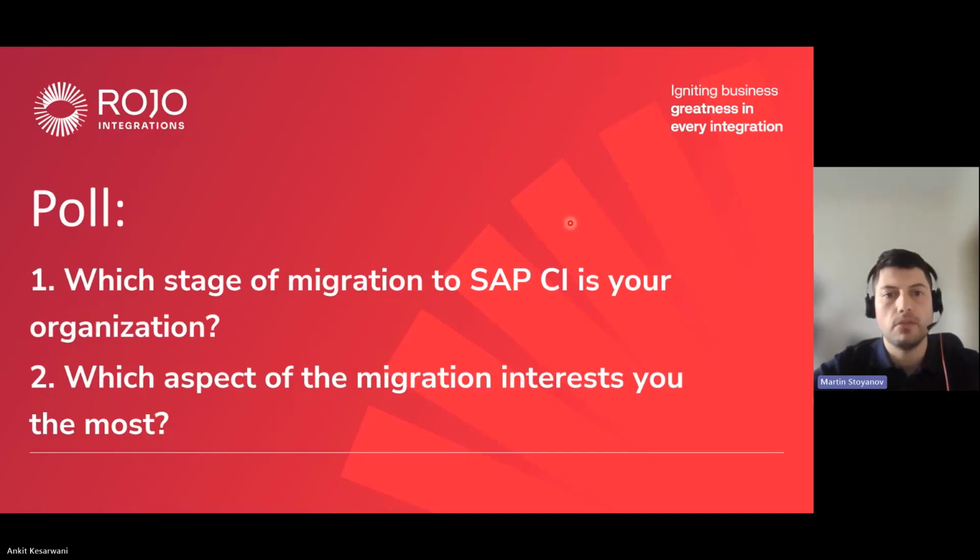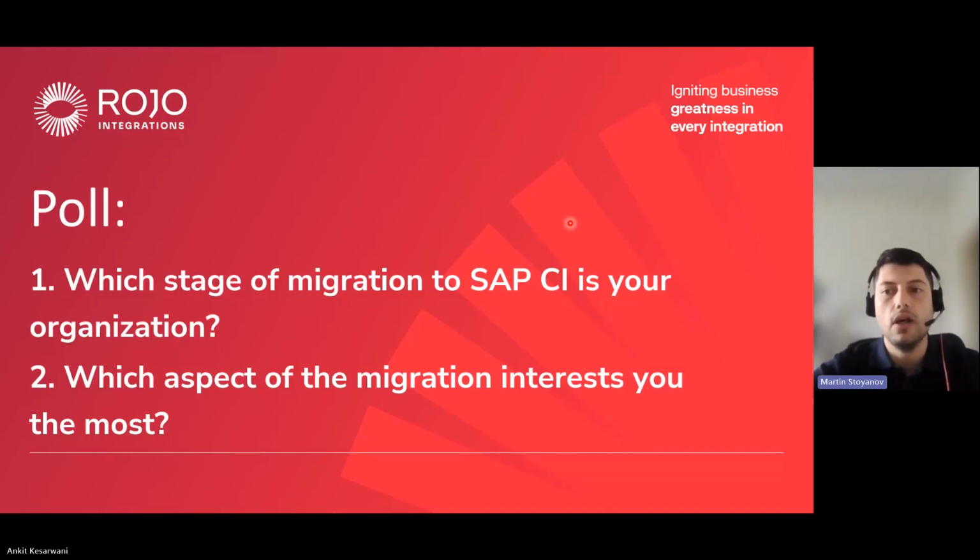As Hugo mentioned, before we make the deep dive into the topic of the migration, we have 2 questions prepared here for the audience. I will now launch the polls. You have about a minute or so to answer the question. Basically, this would help us to understand at what stage you are currently in your migration journey from moving from PO to CI, and also what you are most interested in.